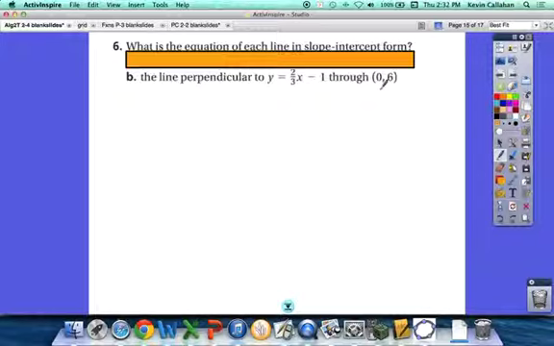So you could tell right away this line has a slope of 2/3, right? What is the slope of a perpendicular line to this? Negative 3/2, right? If this is the slope of this line, 2/3, then our slope is negative reciprocal, opposite sign, flip the fraction. So our m is negative 3/2.